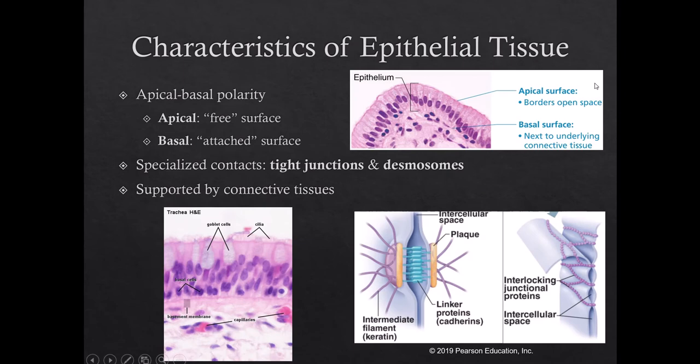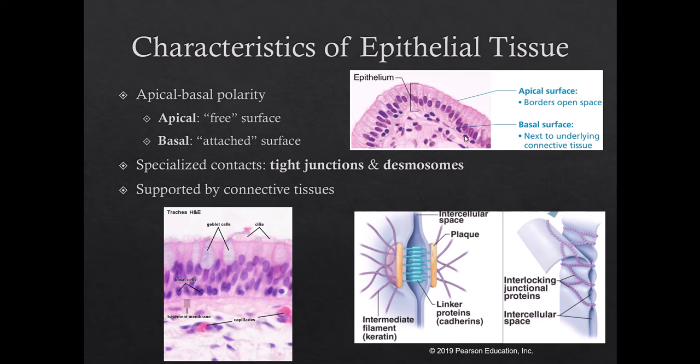So there are some characteristics that all of the epithelial tissues share, even though in terms of their structure and function they can look quite different. The first of which is what we call polarity, apical basal polarity. So the apical surface is the free surface, whereas the basal surface of the epithelial tissue is the attached surface, the bottom part of the epithelial tissue, basal, right, bottom.